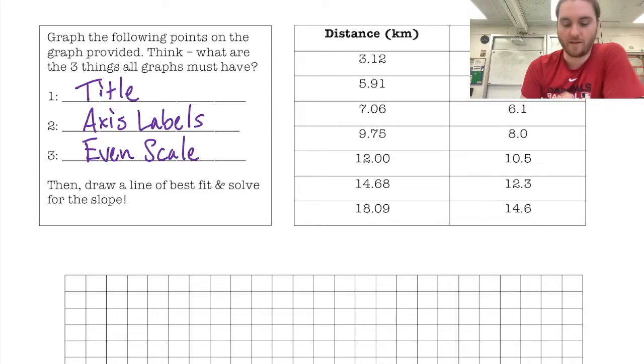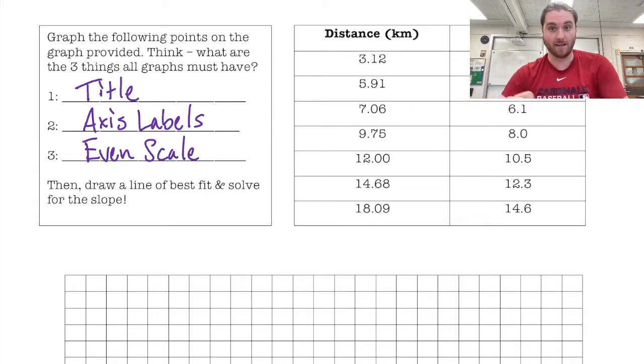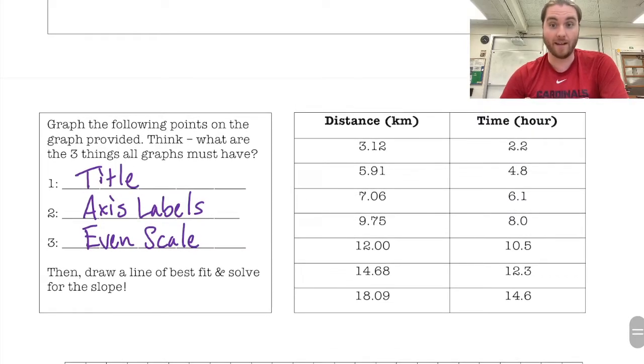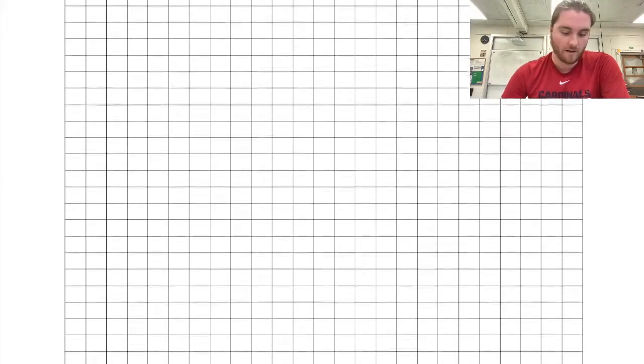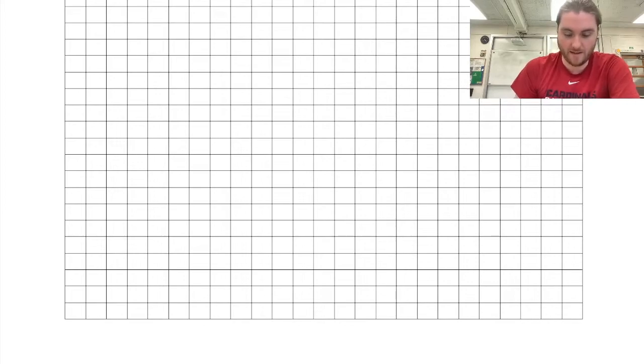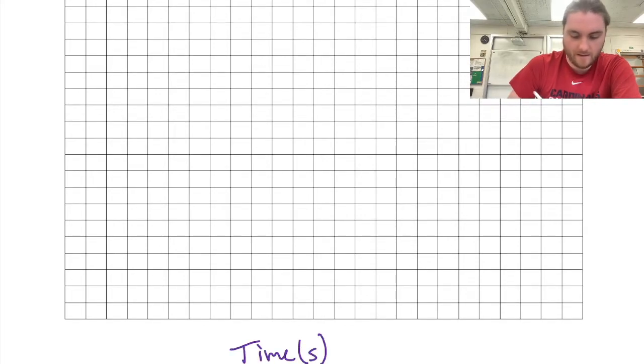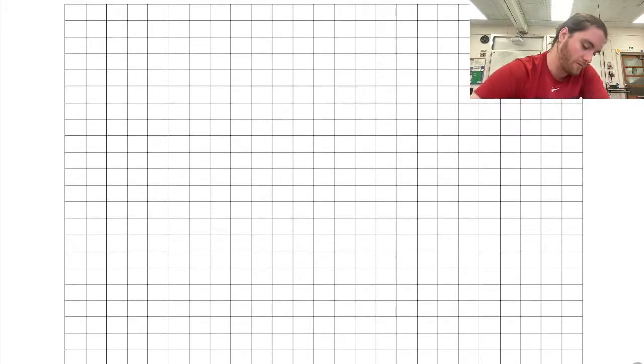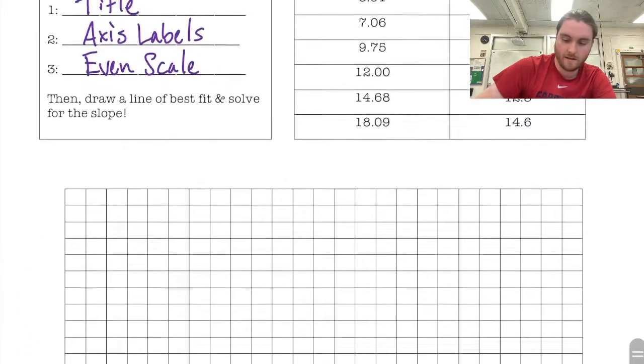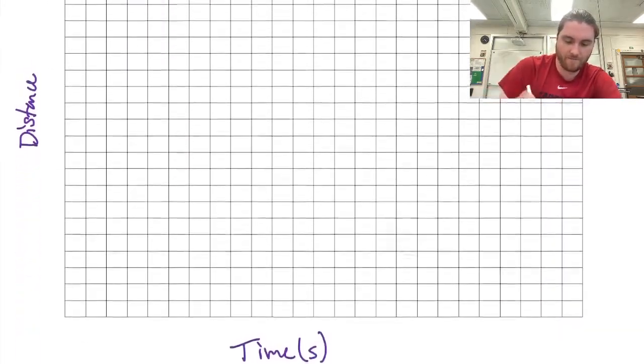So if I look at my graph, let's first start with axis labels. I know that I am graphing a distance versus time graph. So time has to go on my x-axis, so time in seconds, and then distance has to go on my y. And is it in, oh, I messed up.